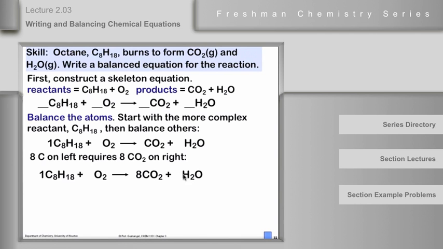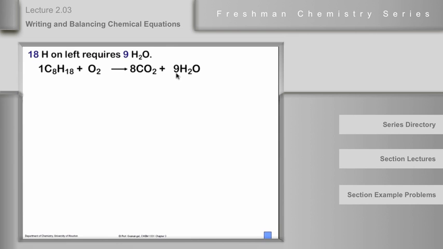And there's 2 hydrogen atoms in every water molecule. So it's reasonable to expect that we could put a 9 in here and balance the hydrogens. Okay, here's the 9. And we now have balanced carbons, balanced hydrogens, but not balanced oxygens. Everybody comfortable so far? Questions?